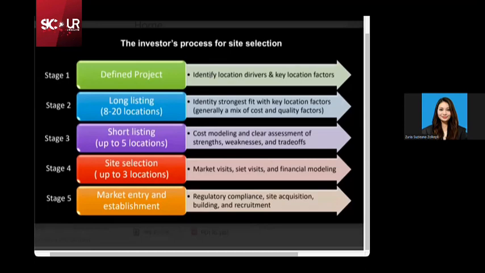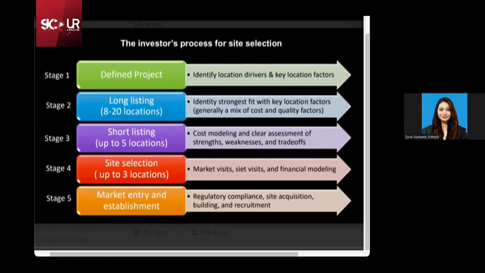So stage 2, normally it is like long listing where you choose 8 to 20 locations, and then you identify the strongest fit with key location factors that are going to help your business. Generally a mix of cost and quality factors. After that, you do a short listing up to 5 locations where you have to find the strength, weakness, trade-off, okay, build a modeling and so on.